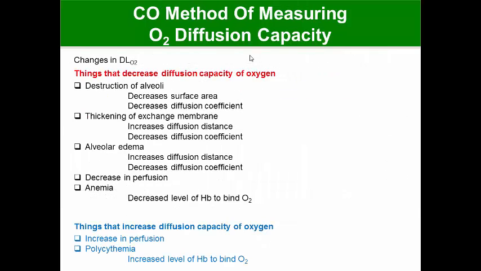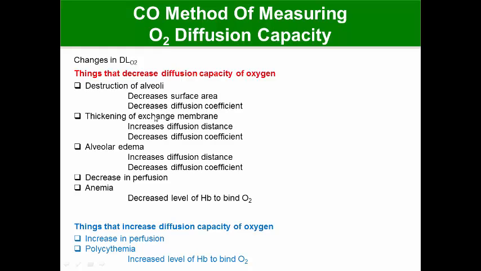We can have things which increase the diffusion capacity for oxygen, and things which decrease it. We are worried about the causes of the decreased diffusion capacity for oxygen. For example, destruction of the alveoli, because this decreases the surface area of the respiratory membrane, and this decreases the diffusion coefficient. Remember Fick's law.